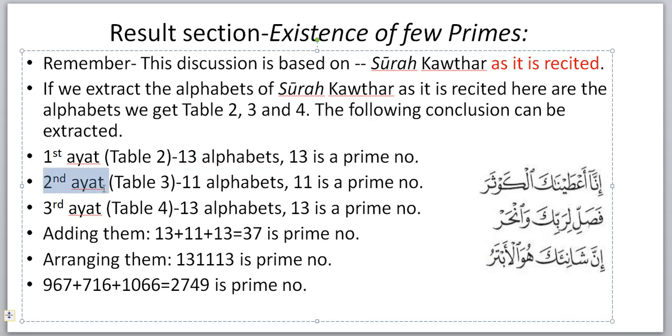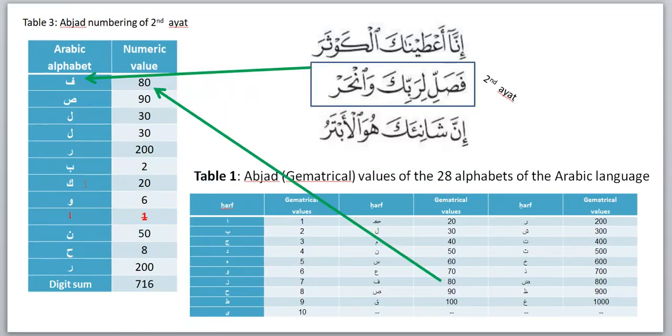In the second ayat, the same case. Though there are 1, 2, 3, 4, 5, 6, 7, 8, 9, 10, 11, 12 harfs, since this alif is not uttered, this alif is subtracted.